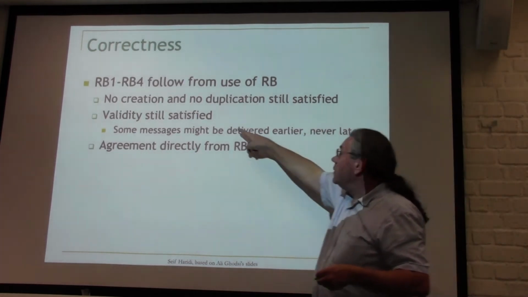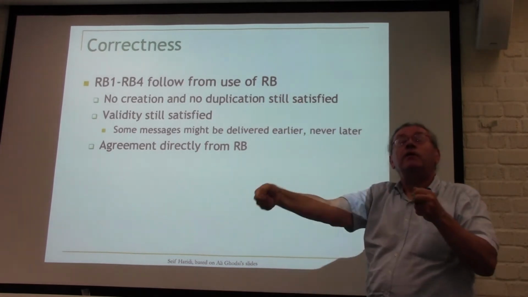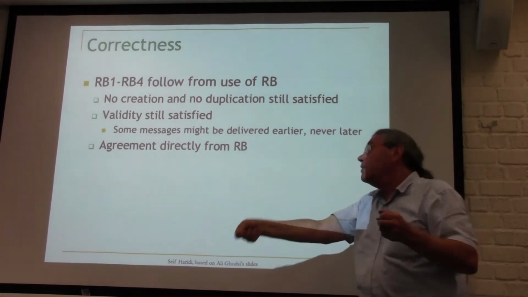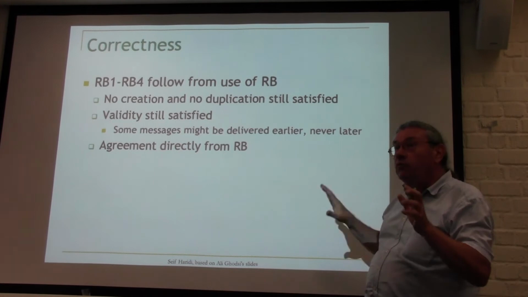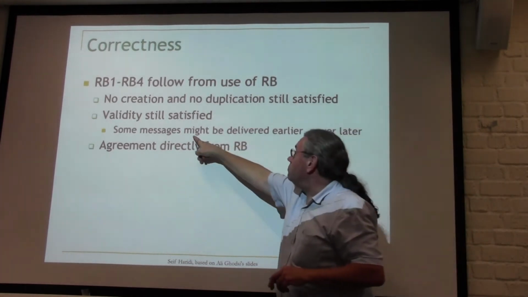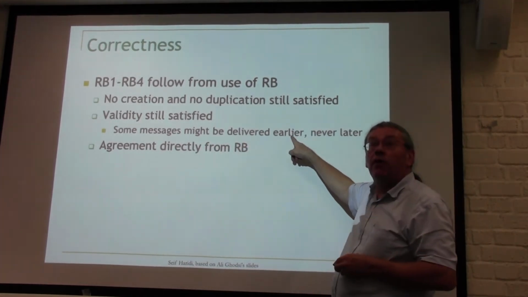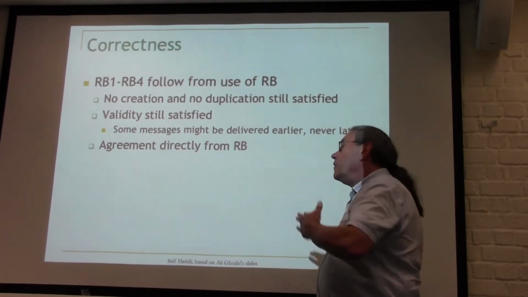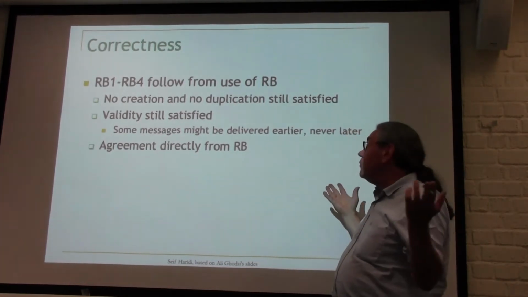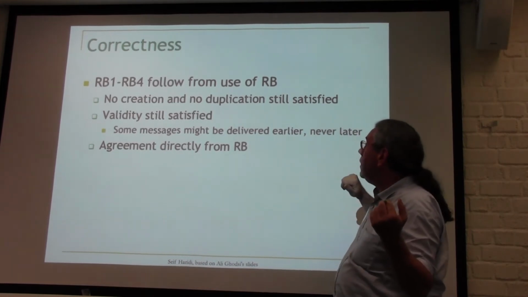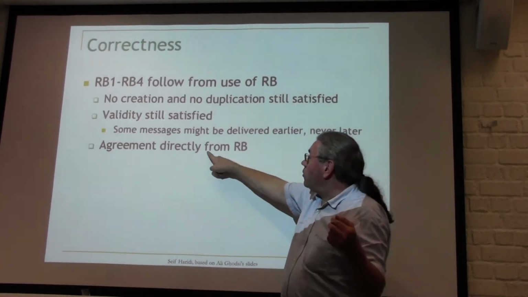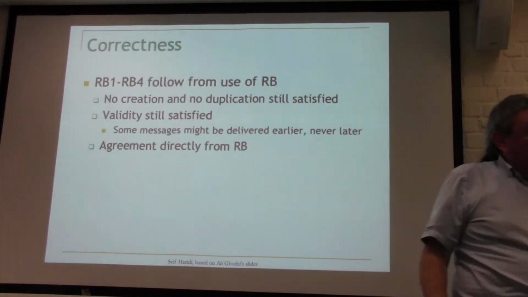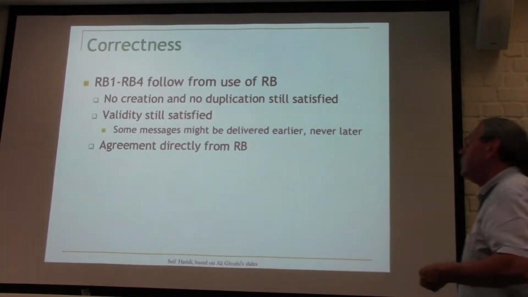And validity, this is the actual broadcast. If it's broadcast, it's delivered. The only difference is some messages might be delivered earlier, because they're in the past list. But they're still delivered, so that's holding. And the agreement, which means if any correct node delivers, they all deliver.